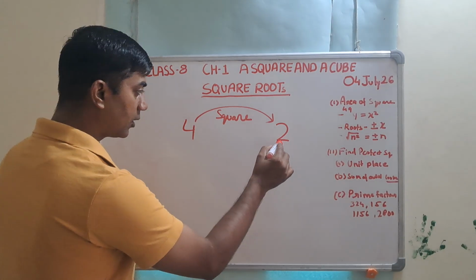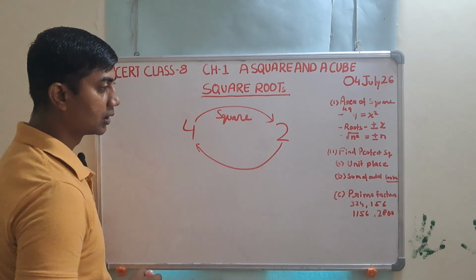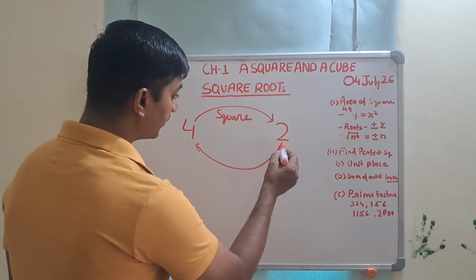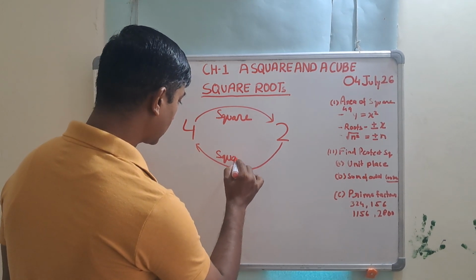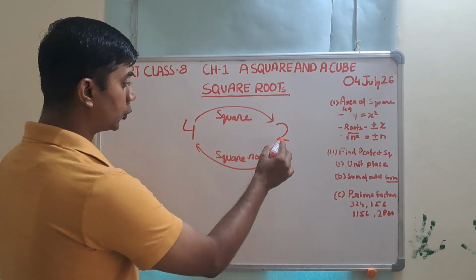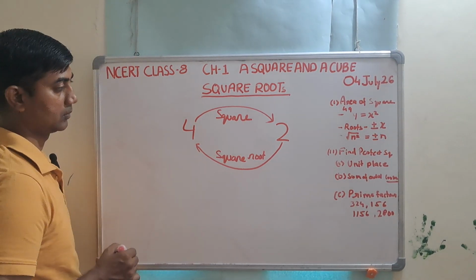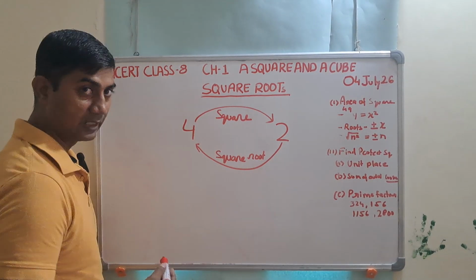Understood? Now how is 2 related to 4? 2 is the square root. 2 is square root of 4. In this way, these two numbers are interrelated.